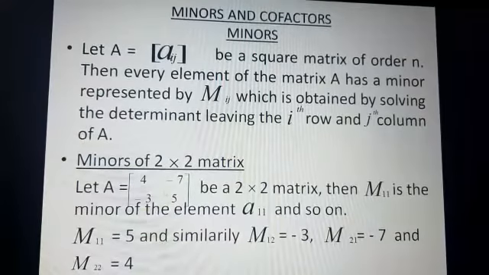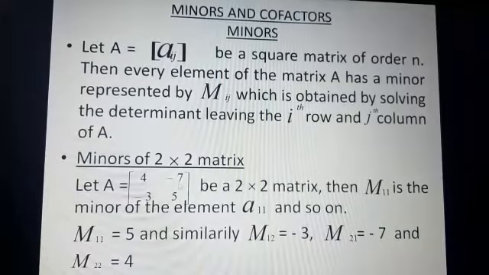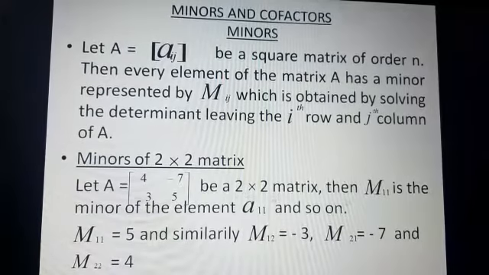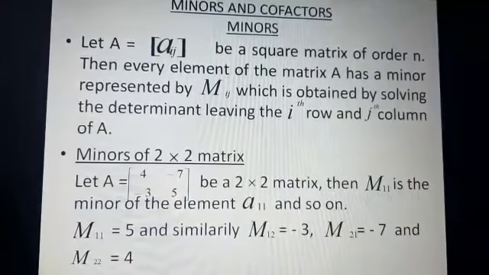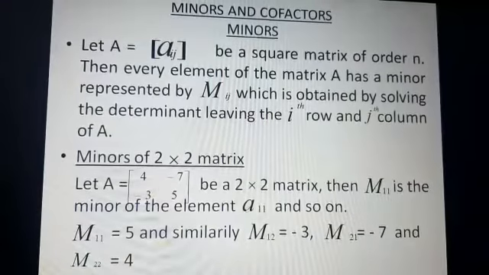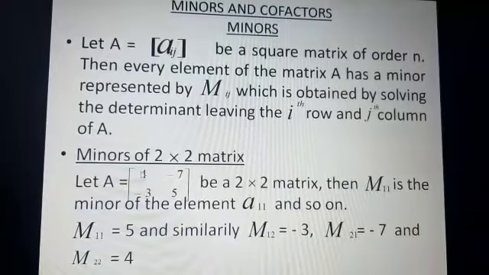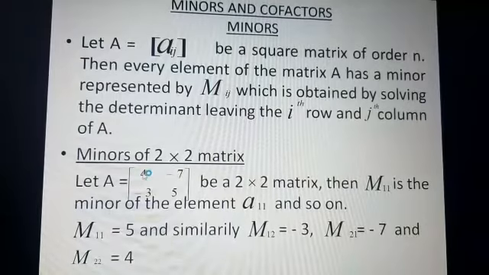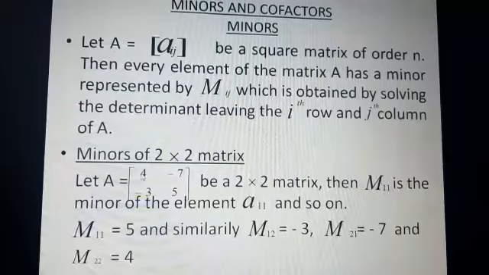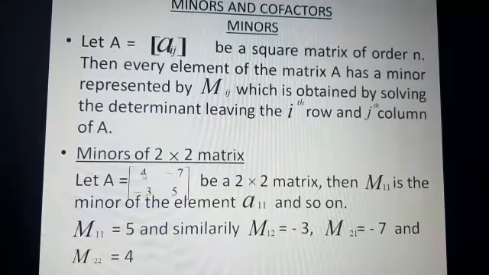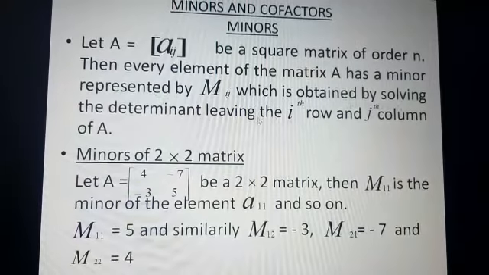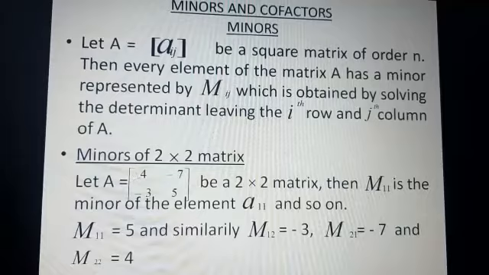Suppose this is a matrix A with elements 4, minus 7, minus 3, 5. This is a 2 into 2 matrix. Then M11 is the minor of the element A11, the first element at the intersection of the first row and first column. A11 is 4, and its minor M11 will be the determinant obtained by leaving the first row and first column.